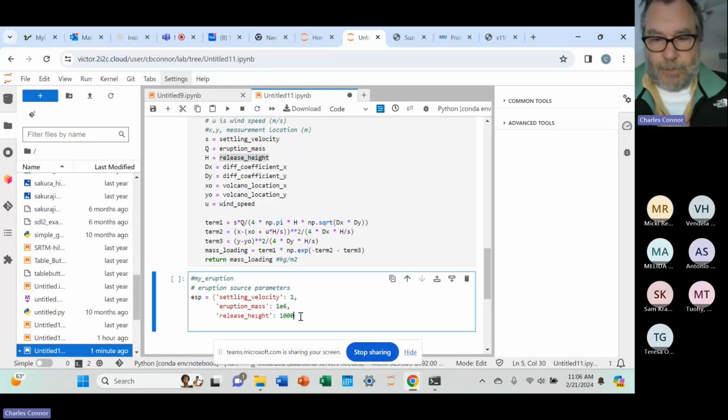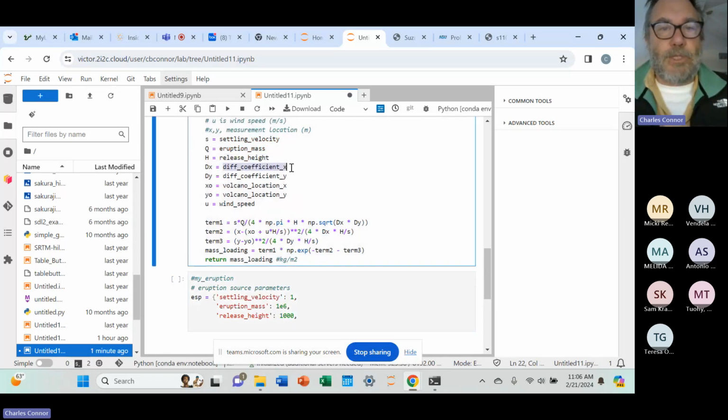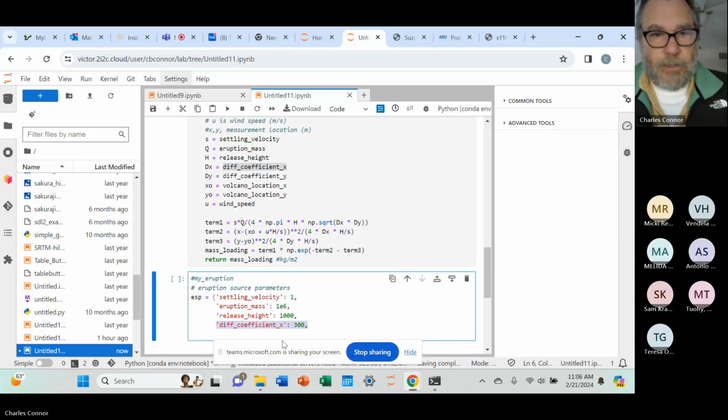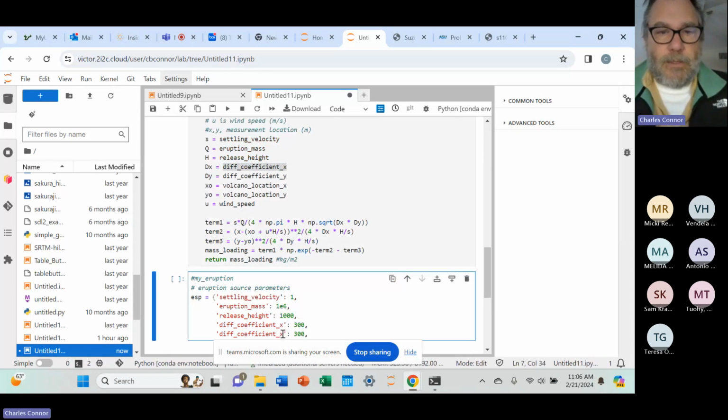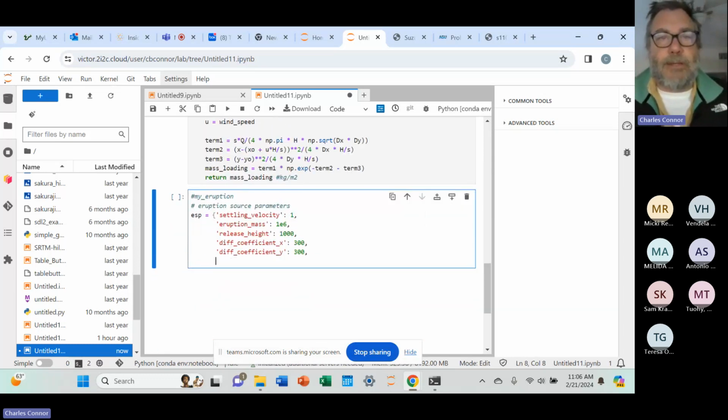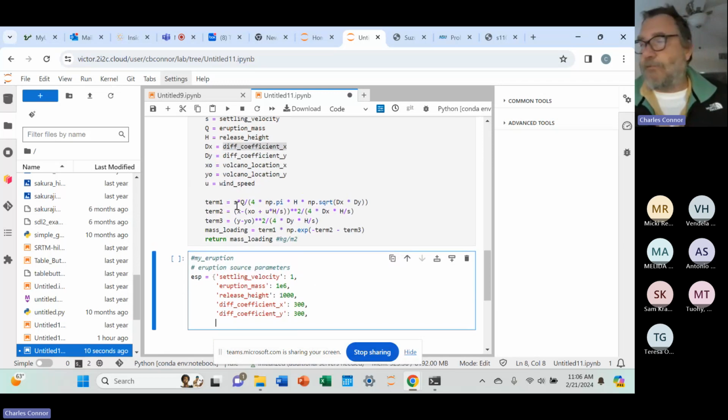I need a comma after that. And then I'm going to assign a diffusion coefficient. In the x direction, let's just say that's 300 square meters per second. And then I'm going to do the same thing in the y direction. Often in these models, we use the same diffusion coefficient in the x direction and the y direction. It doesn't necessarily have to be that way, but in general, we define it that way.